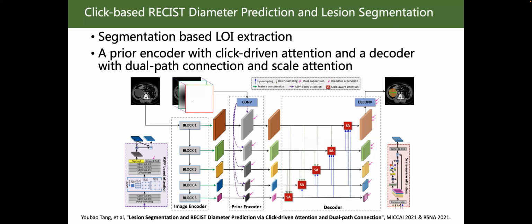So we can consider it as a lesion-specific attention generation step. It also designs a scale-wise attention block with dual path connection to improve the decoder. This figure shows the framework of the proposed method.